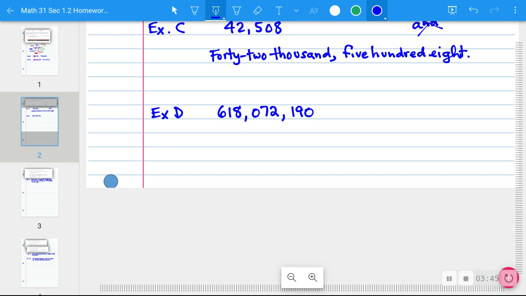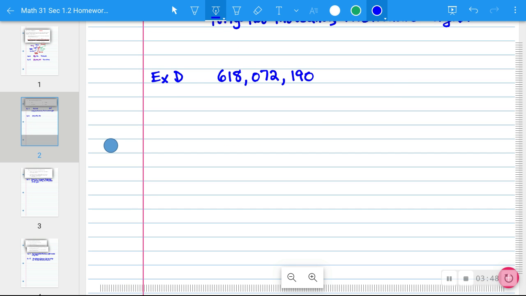Okay, here's a longer version. We're in the millions to start with, so 618, and those are millions. 618 million, comma.